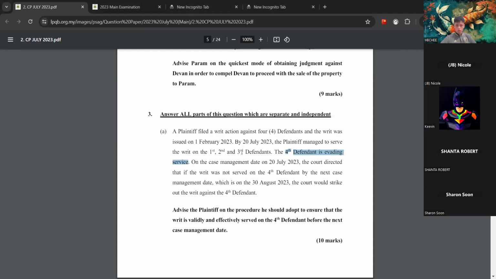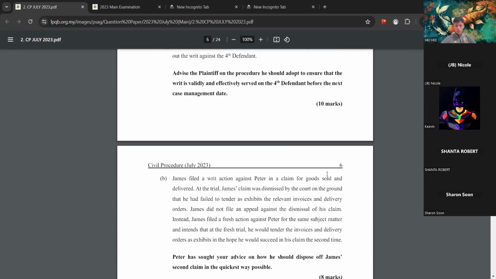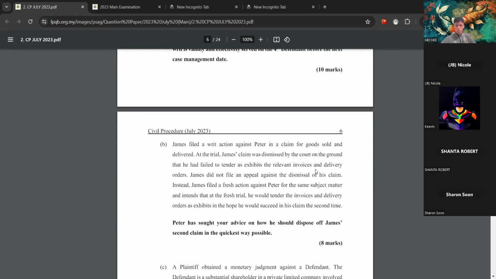Therefore, your ground to apply for the substituted service is sustainable. Is that okay? Then you can go for your Order 62 Rule 5 on how to effect the substituted service. Is that okay?